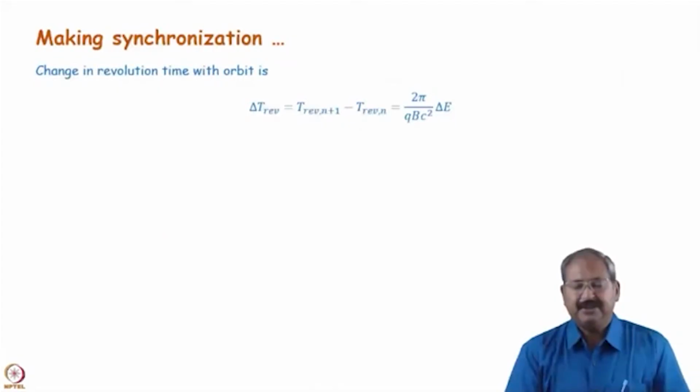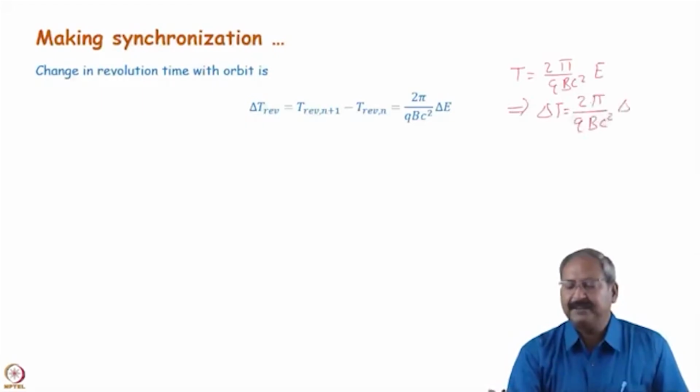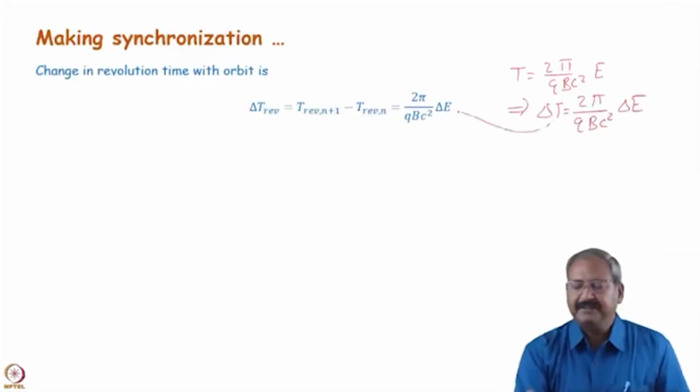Now, change in revolution time. We have seen that when T is equal to 2 pi by qBc square times E, that means delta T will be 2 pi by qBc square times delta E, and this is written here.